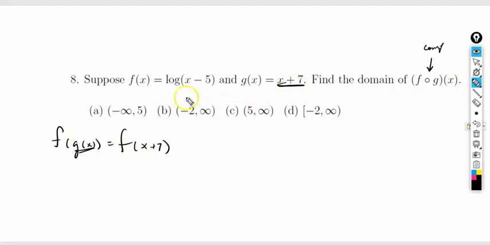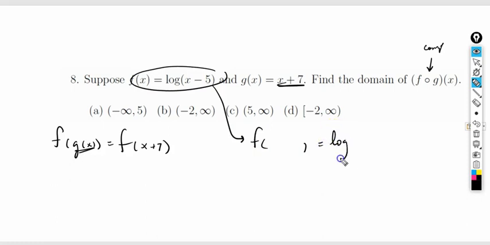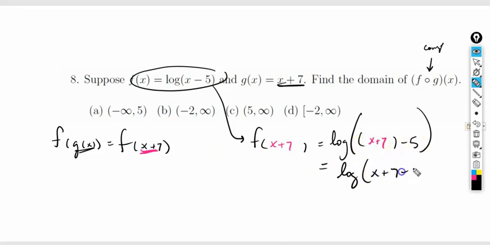So f evaluated at x plus 7. Write it without the x and just have parentheses instead of x. And I want it evaluated at x plus 7. And the parentheses don't matter here. So this is what my formula for f composed with g is.